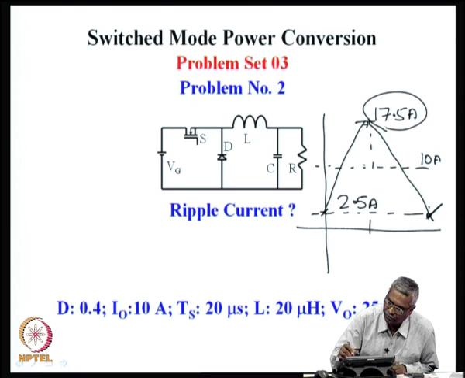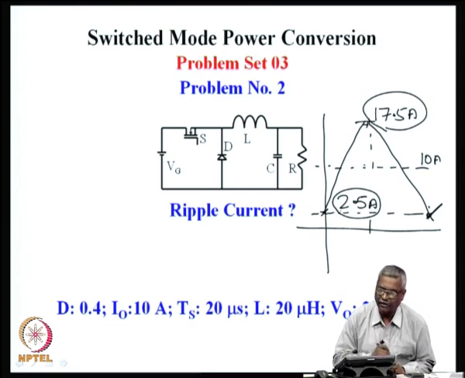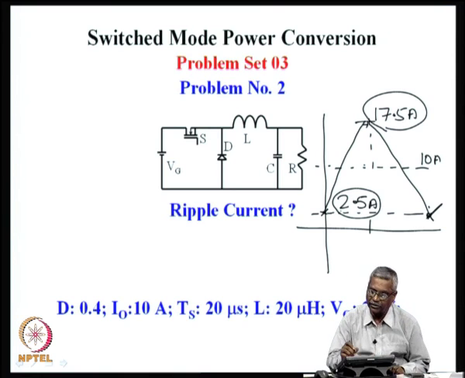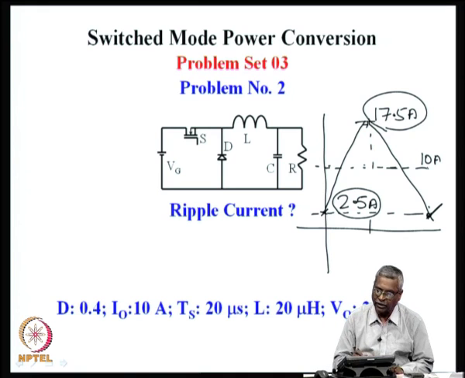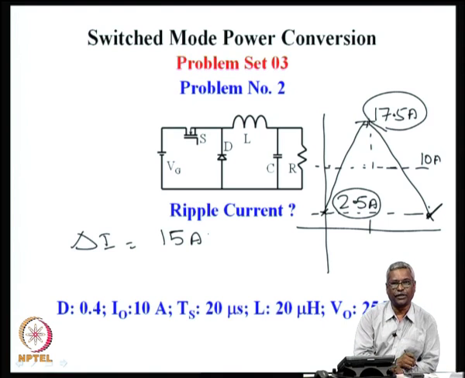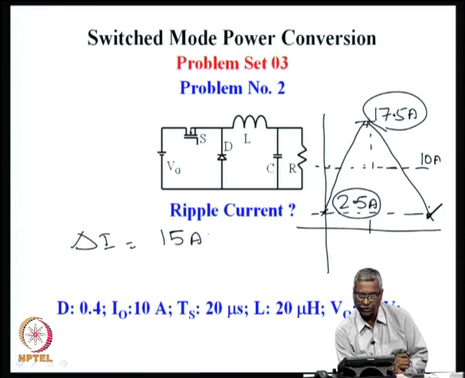The maximum current on the inductor is 17.5 amperes, minimum current on the inductor is 2.5 amperes, average current on the inductor is 10 amperes and the ripple current is 15 amperes. So, this is what we have found out for the first part of the question, which is the ripple current in the inductor.